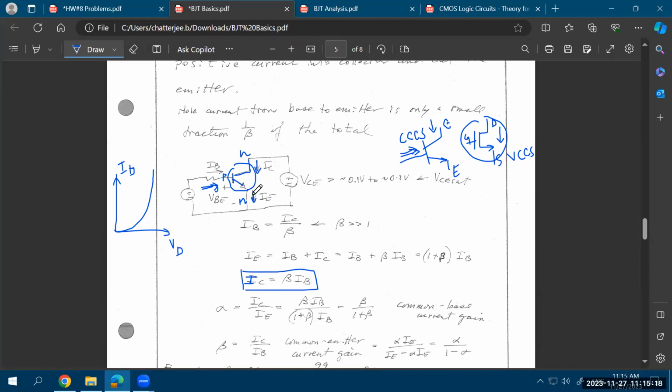From the collector to the emitter terminal, there is also another current flow. The amount of current that flows through the collector terminal is beta times IB. So that's the governing equation for your BJT.